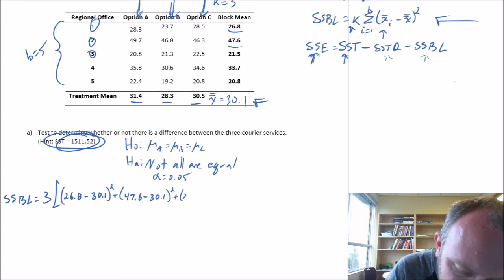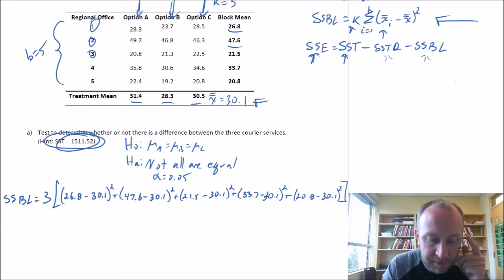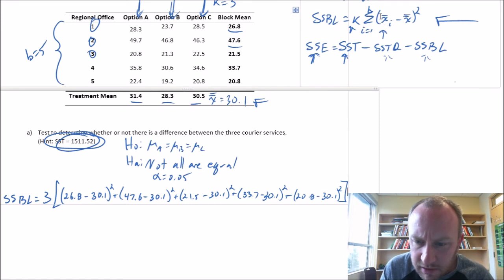Next one is 21.5. Next is 33.7. Is that going to fit? And last one, 20.8. Just fits.